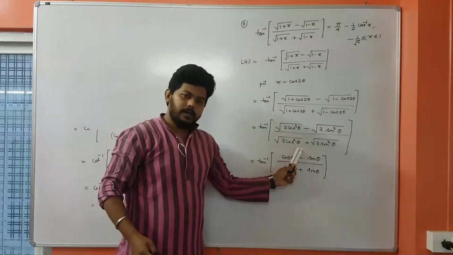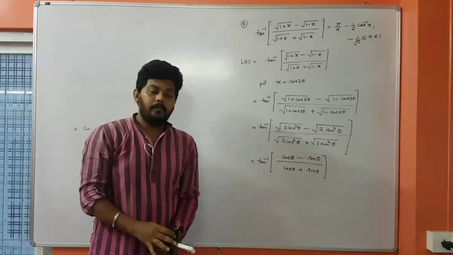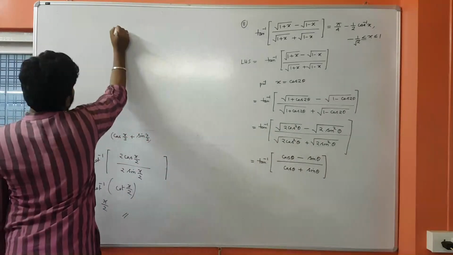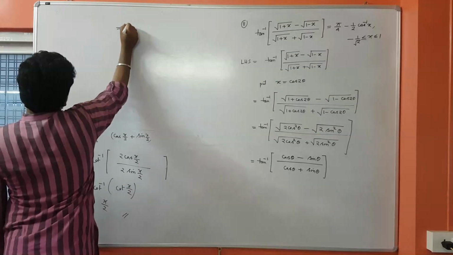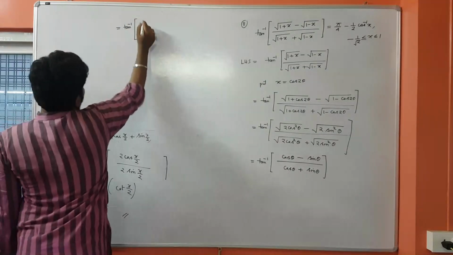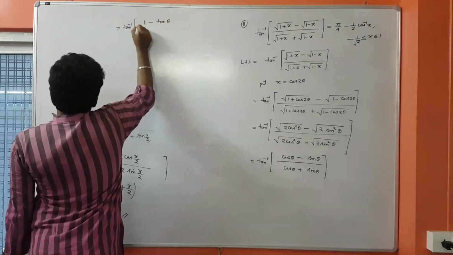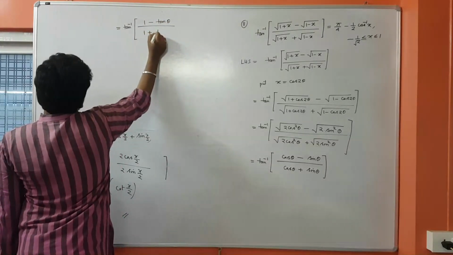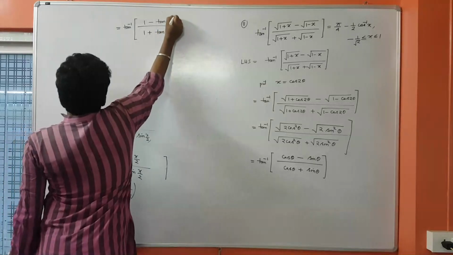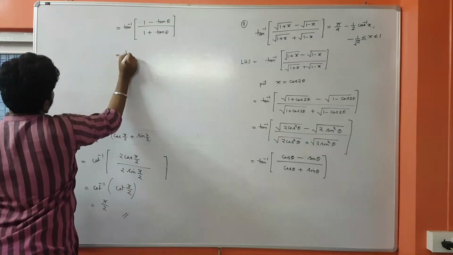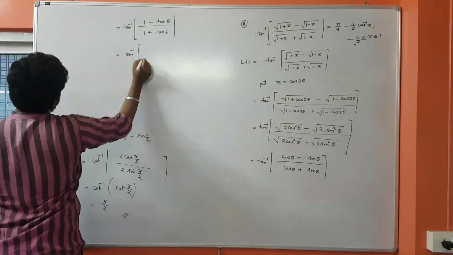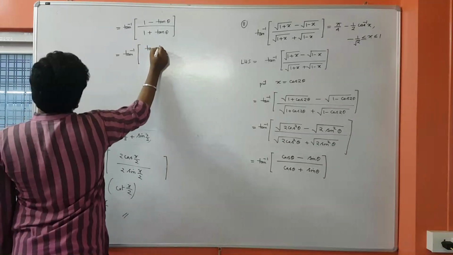If I divide the numerator and denominator by cos theta, we will get tan inverse of (cos by cos, 1, sin by cos, tan) again, 1 plus tan theta. Now proceed. What is 1? 1 is actually tan pi by 4.